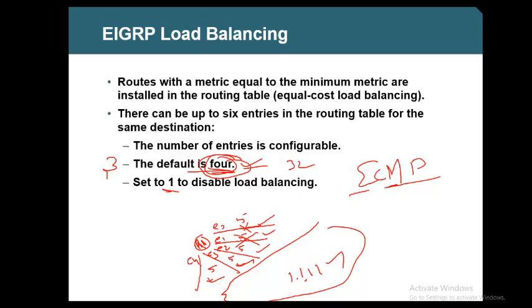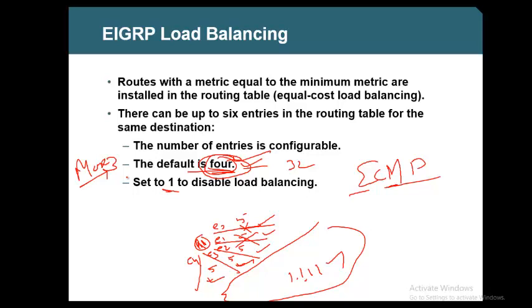Out of 5, 3 are allowed because you said max path 3. Not by default, by default 4 are allowed, but because you said max path 3, any 3 will be used for load sharing, and the other 2 will be waiting in standby.